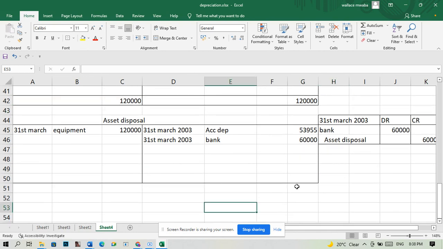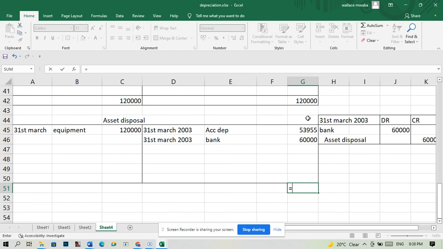Okay. So we're going to compare our debit side and our credit side to see which one is higher. The credit side is 119,955.